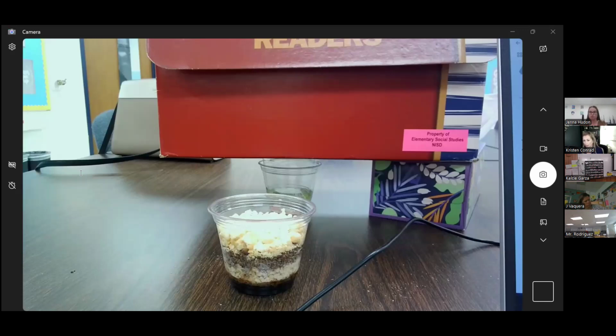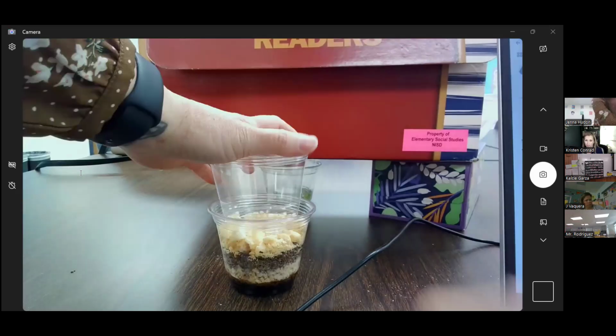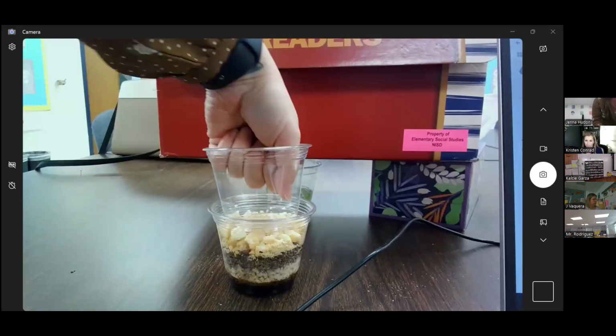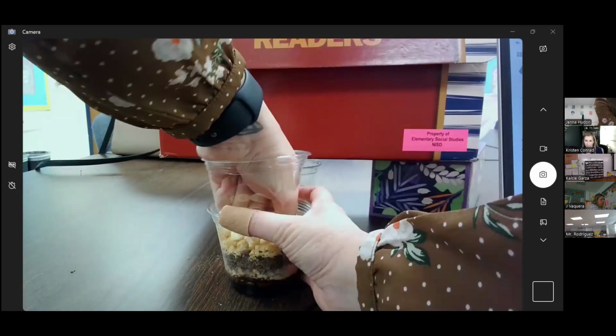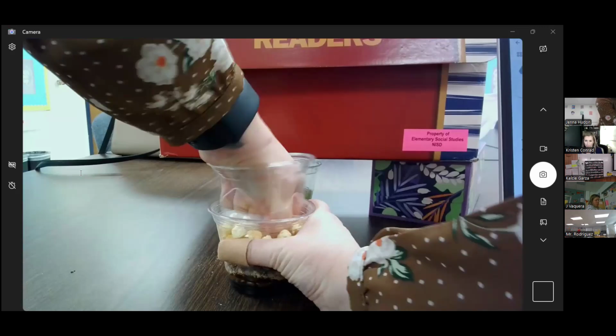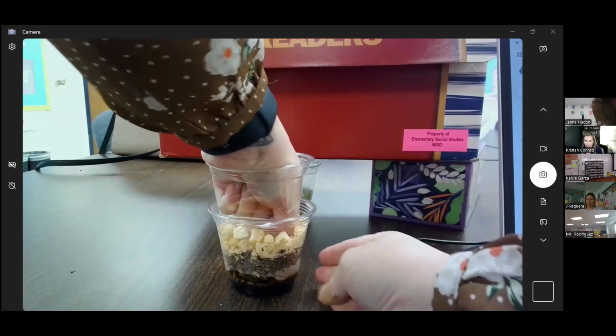So to represent those changes occurring, we are going to take a second plastic cup, and again, I'm getting this from the notes section. We're going to take our second plastic cup and use our fist to push down and mash and grind those layers together. So when you teachers have your layers in there, place your second cup and with your fist, mash and grind those layers together.